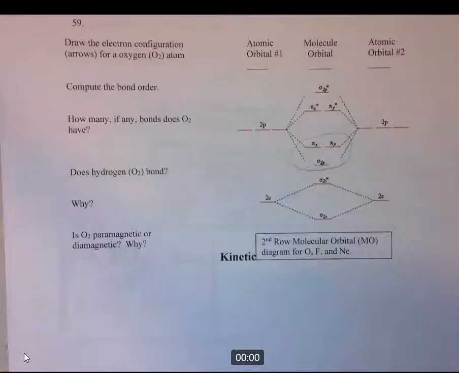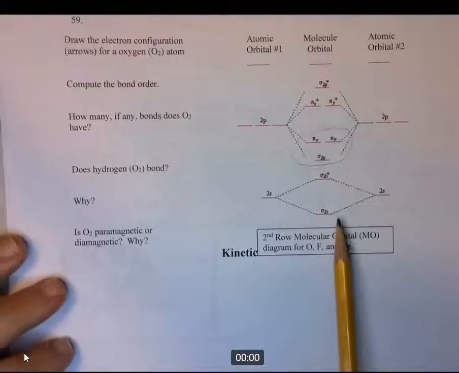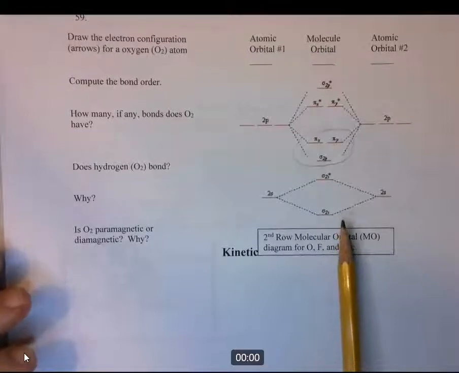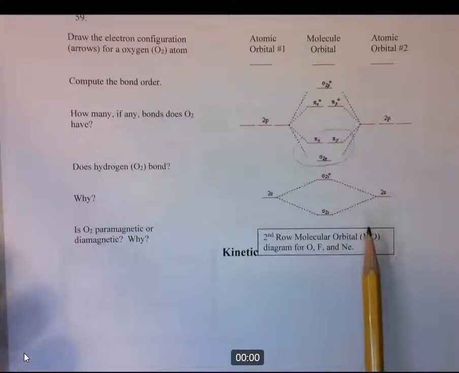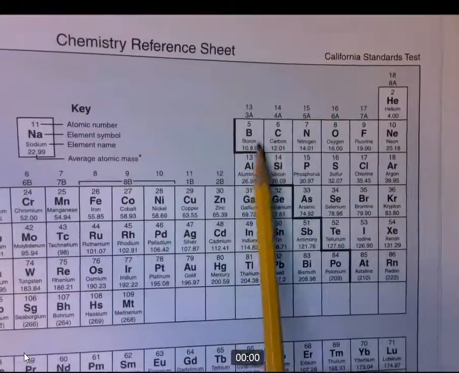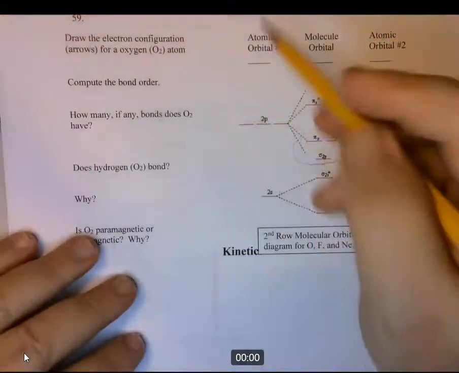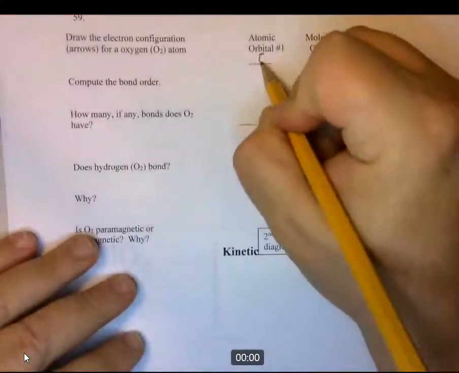So what you're doing is for oxygen, you're building an Aufbau. We're only dealing with the second orbital, so we're not interested in the 2 electrons of the first orbital. They're already sitting there. They have nothing to do with bonding. So what we look at is how many valence electrons does oxygen have? And we know already it has 1, 2, 3, 4, 5, 6. So here's oxygen atom number 1.